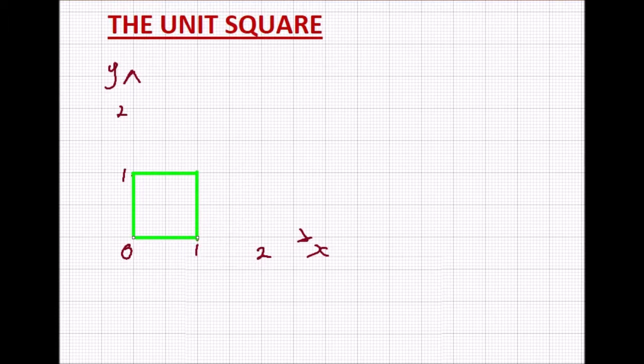We are going to name the vertices of our square. So this we are going to give it I, capital I. This we are going to name it J, and this we are going to name it K. So we have the vertices, and of course we have the origin. So we have O, which is the origin. The coordinates of the origin obviously is 0, 0.